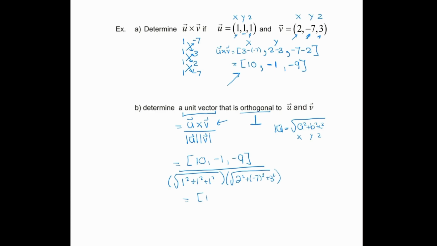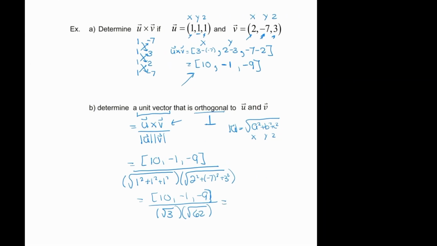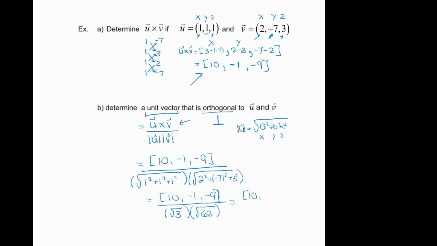So that gives us 10, negative 1, negative 9, all over 1 squared plus 1 squared plus 1 squared, which is just root 3. And 2 squared plus negative 7 squared plus 3 squared gives us a root of 62. That gives us 10, negative 1, negative 9, all over, now remember, we're going to multiply these together, all over the root of 186.